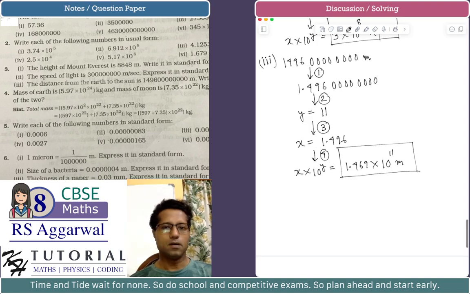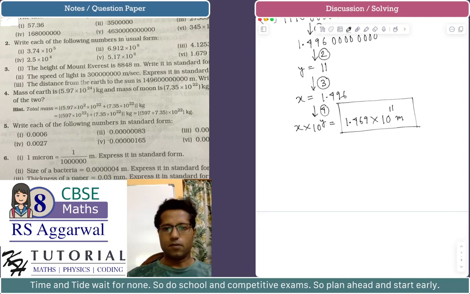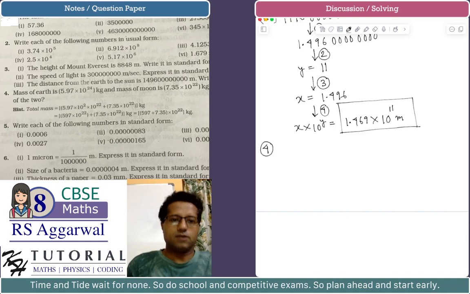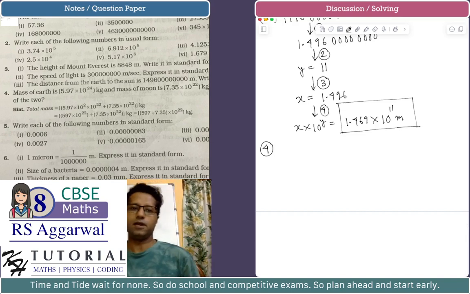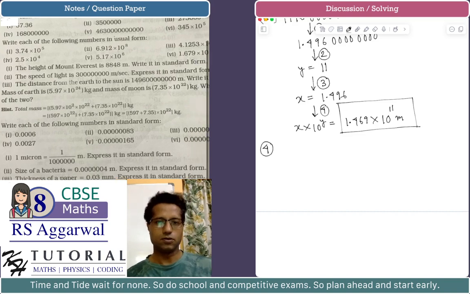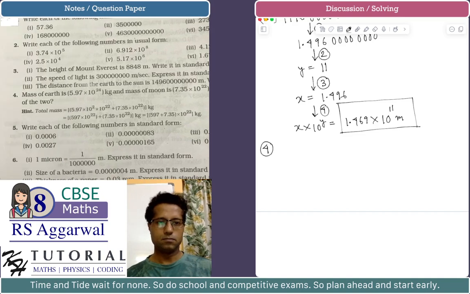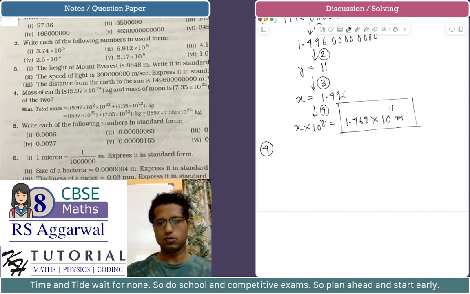Okay. So this was problem number 3. Problem number 4 says the mass of earth is given in standard form as 5.97 multiplied by 10 to the power 24 kg, and the mass of moon is also given in standard form in kg. What is the total mass of the two? Okay, so I am denoting mass of earth as m subscript e.